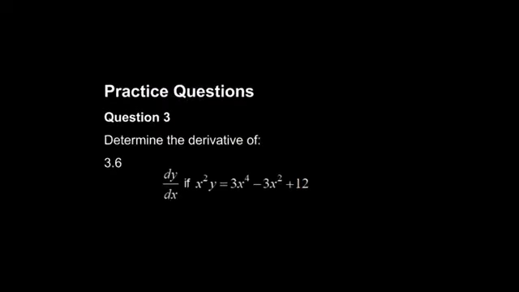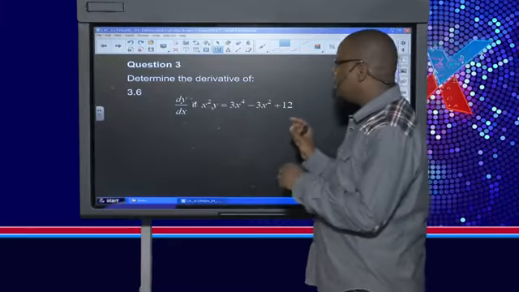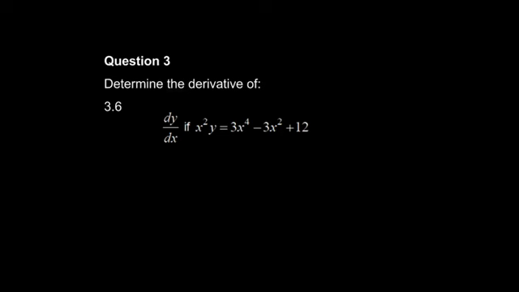Now, next, find the derivative, your dy/dx. Okay, find dy/dx if x squared y equals to 3x to exponent 4 minus 3x squared plus 12. All right?